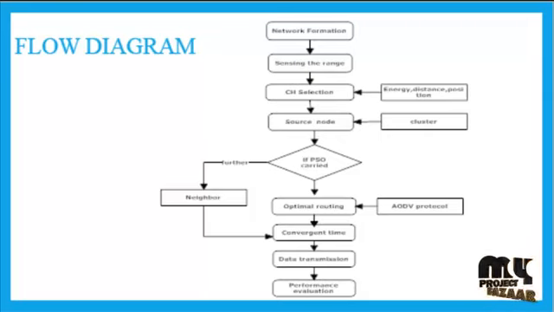The data transmission is done using the TCP connection protocol. The node is selected based upon the energy and the position of the node. If the node is nearest to the destination, then it sends the data to the destination, else it sends the data via the neighbor.